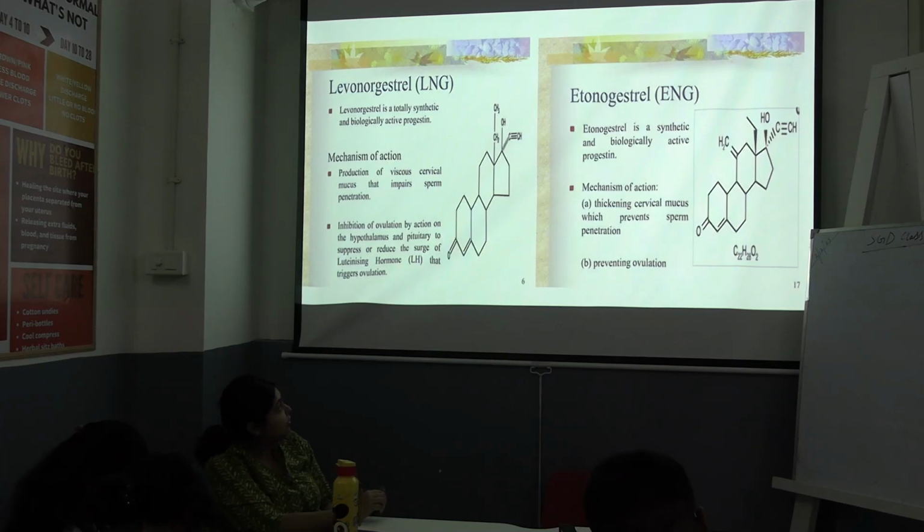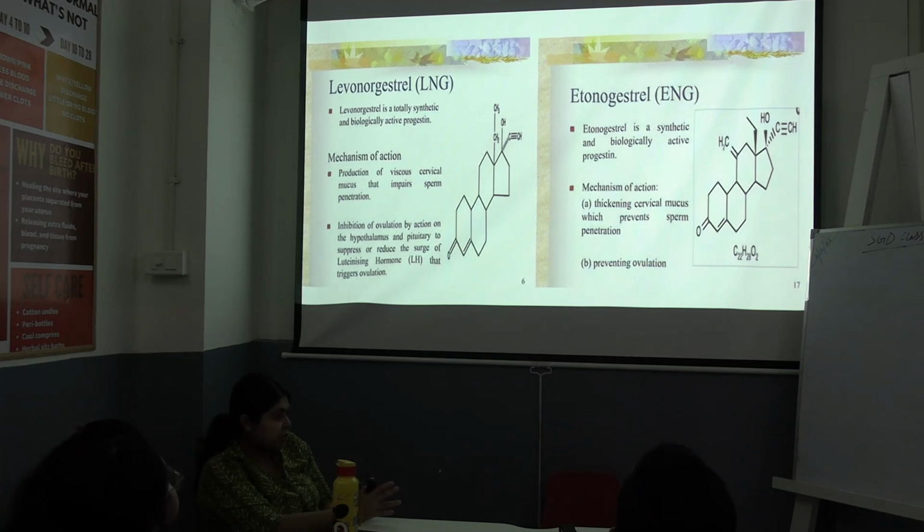Now what is the difference between these two? Both are biologically active progestins, and since they are progesterones only, what is their mechanism of action?